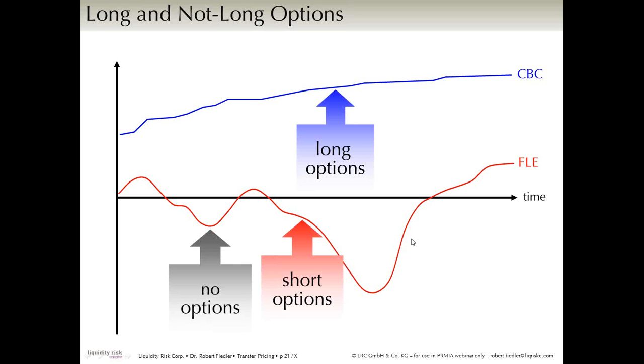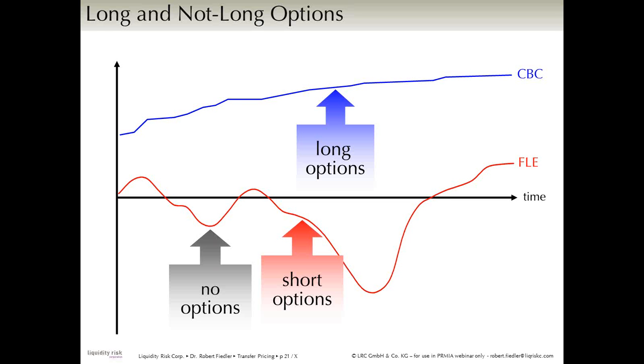it's relatively clear that it's much nicer to split these two elements, because in the FLE you treat everything except the long options, and therefore the long options exclusively go into the counterbalancing capacity.